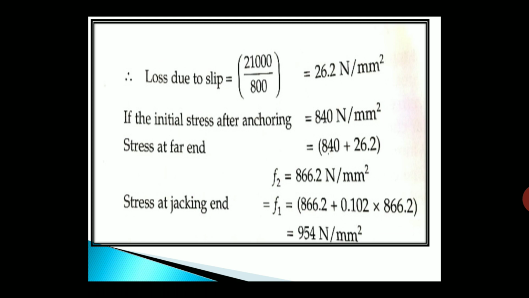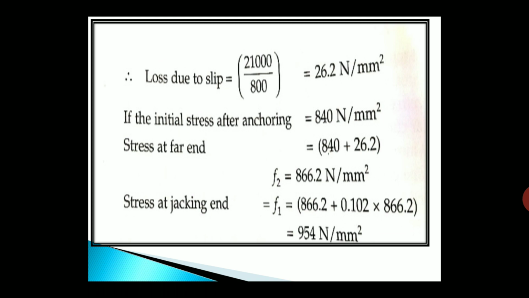Next, if the initial stress after anchorage is 840, the stress at the far end, okay, so when the anchorage takes place, there is a loss of slip. So if we consider the loss, the stress at the far end has to be more than that, because here we are trying to overcome that loss initially itself.